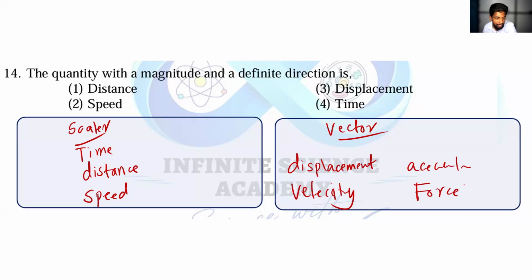These are vector quantities. And for the scalars, you can say pressure. Pressure is also a scalar quantity.